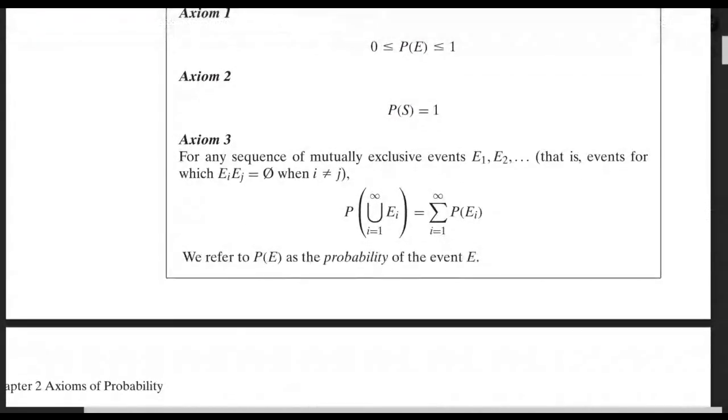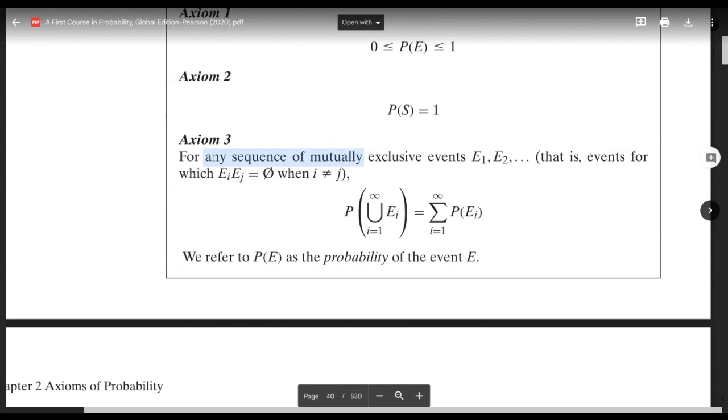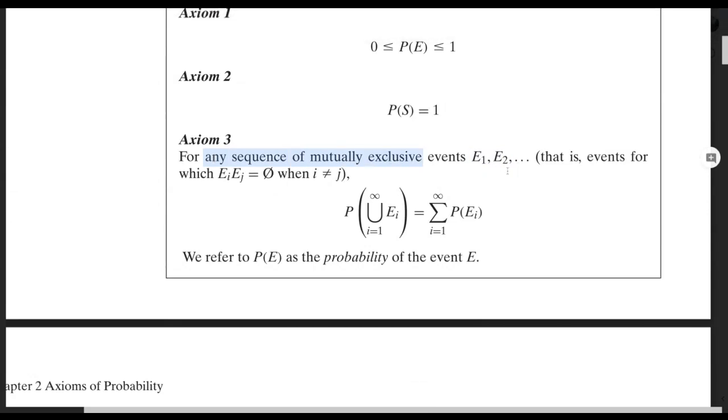Then axiom 3: for any sequence of mutually exclusive events. Remember what mutually exclusive means? For example, a child being born a girl or a boy. Being a boy and being a girl are mutually exclusive, and in this case the girl is the complement of the boy because we only have two outcomes. But usually we have E1, E2, E3, up to En, many events, and maybe they're all mutually exclusive.